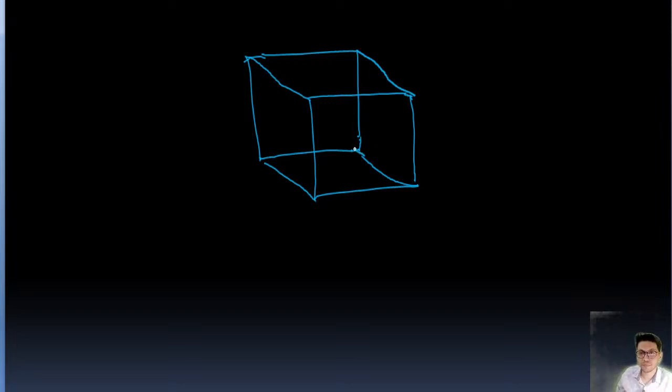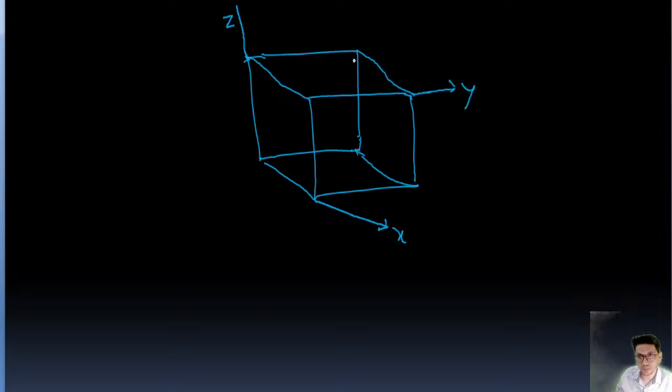Okay, this one we can take as the z-axis. This as the x-axis and this as the y-axis.